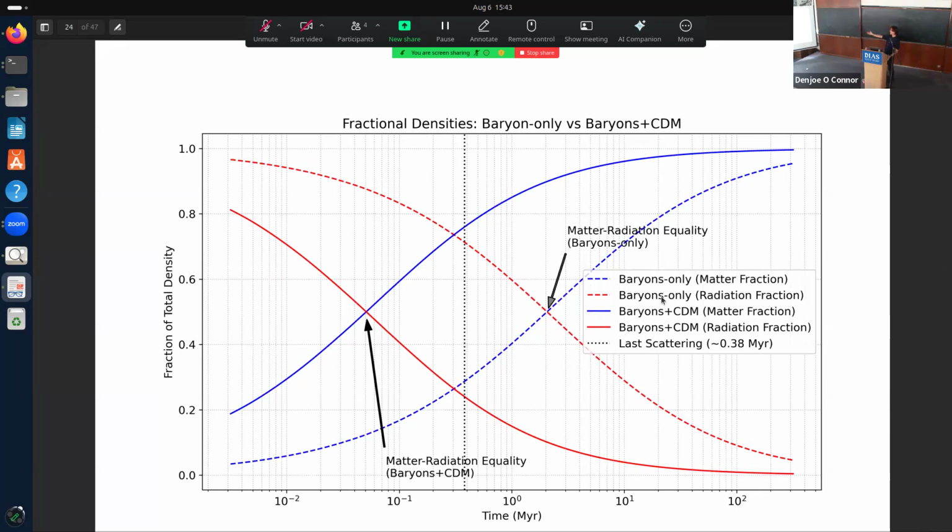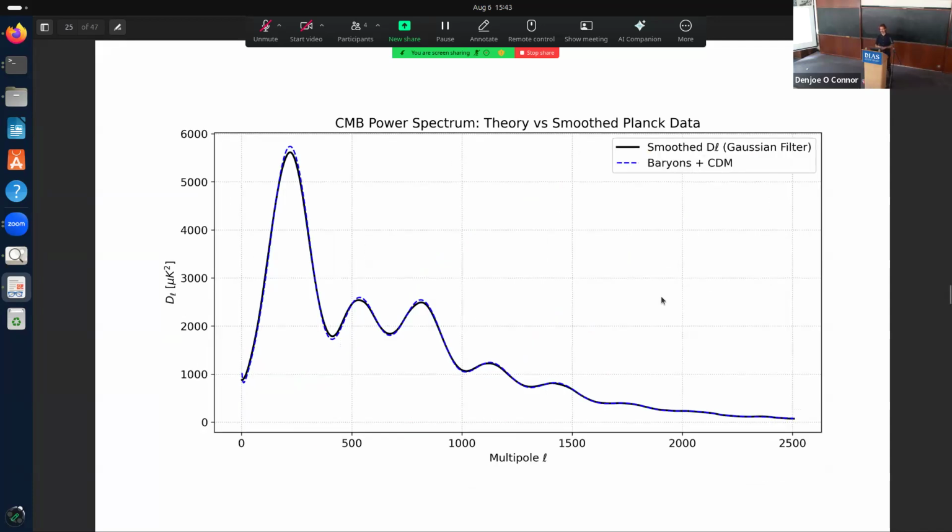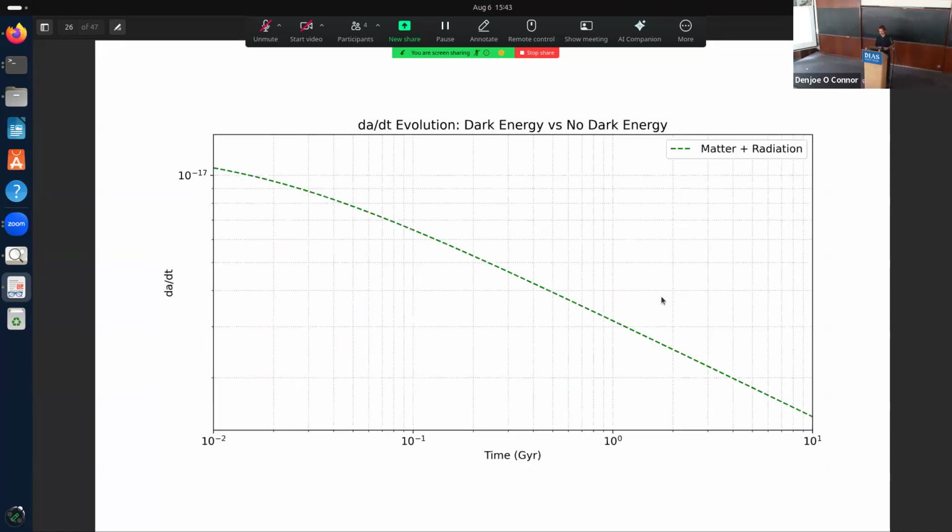We're pushing the matter radiation equality before the time of last scattering, so that gravity has enough potential to make gravitational wells and pull on the thermal bath. If we make another simulation of our universe, we'll see that it's a lot better. Now we can actually fit the angular power spectrum. Okay, very good. But this is not the whole story yet.